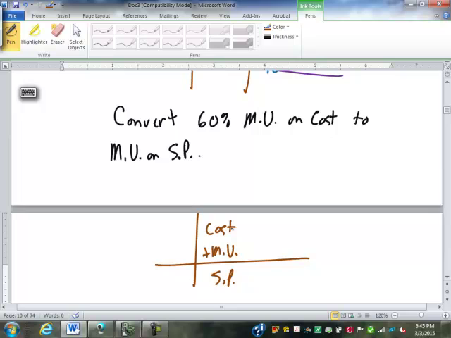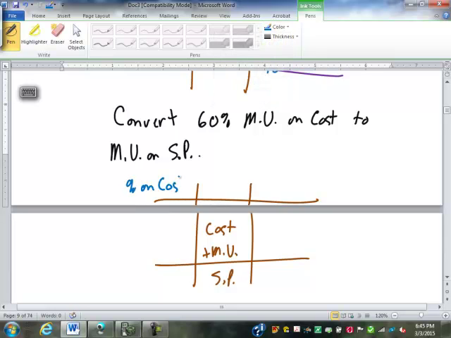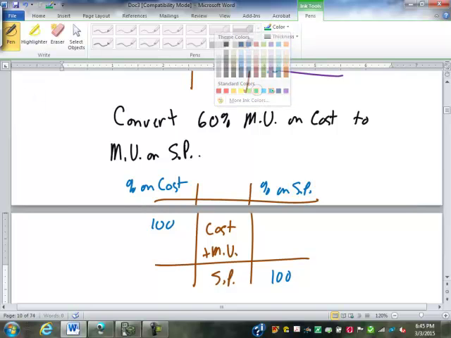So we'll start setting up our table. Cost plus markup equals selling price. Over here, again, percent on cost, and I'll put 100% in right away at the cost. Over here, percent on selling price, and I'll put the 100% in the selling price right away. Then what?